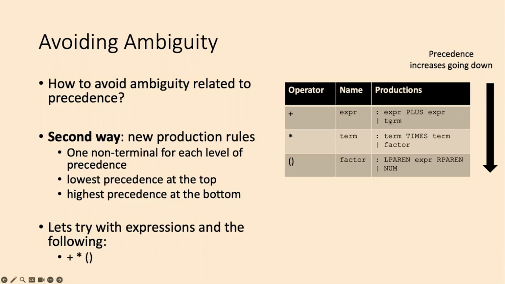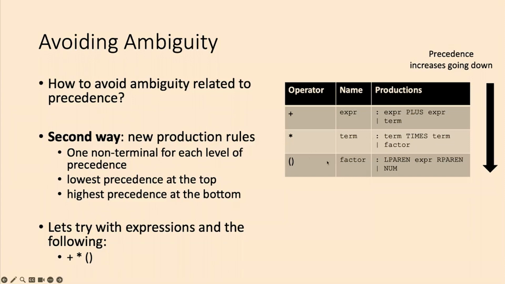These are just the names that the textbook uses, and if people know a lot of mathematics, I think this corresponds to that as well. A term will now go down to the next level of the table, which is the next highest precedence, multiplication. So multiplication, we're going to call that a term. A term can be a term times a term, or it can be a factor, because parentheses have higher precedence than multiplication.